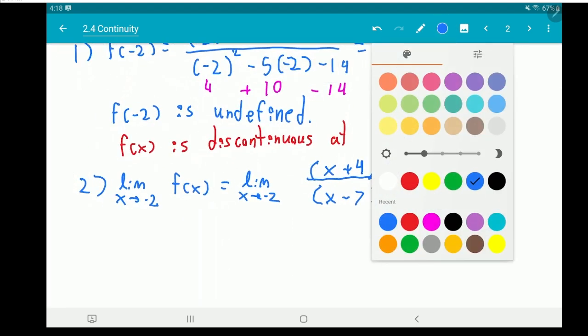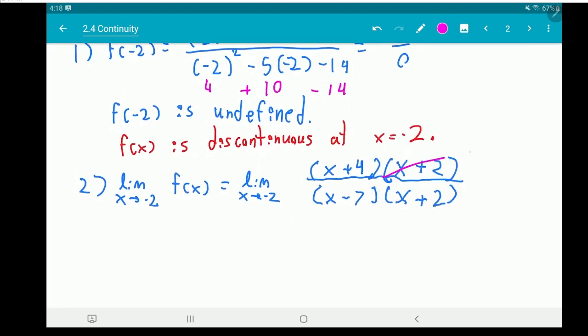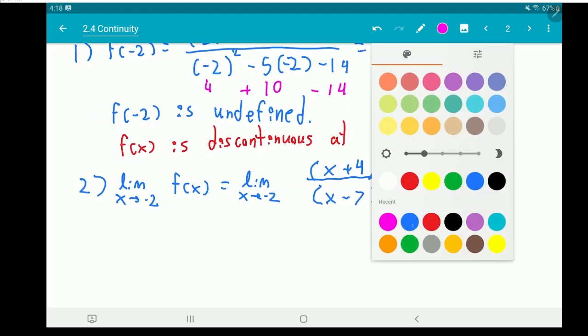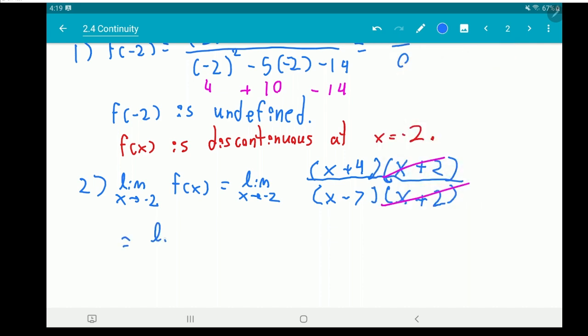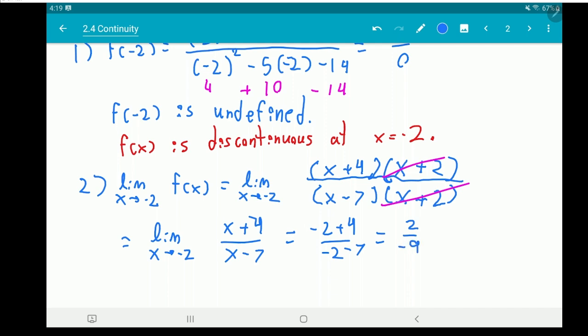But now because I'm taking the limit, it's perfectly fine to cancel the x plus 2's. And so I'm left with the limit as x goes to minus 2 of x plus 4 over x minus 7. That's negative 2 plus 4 over negative 2 minus 7, which is 2 over negative 9. And the really important thing is that it exists.